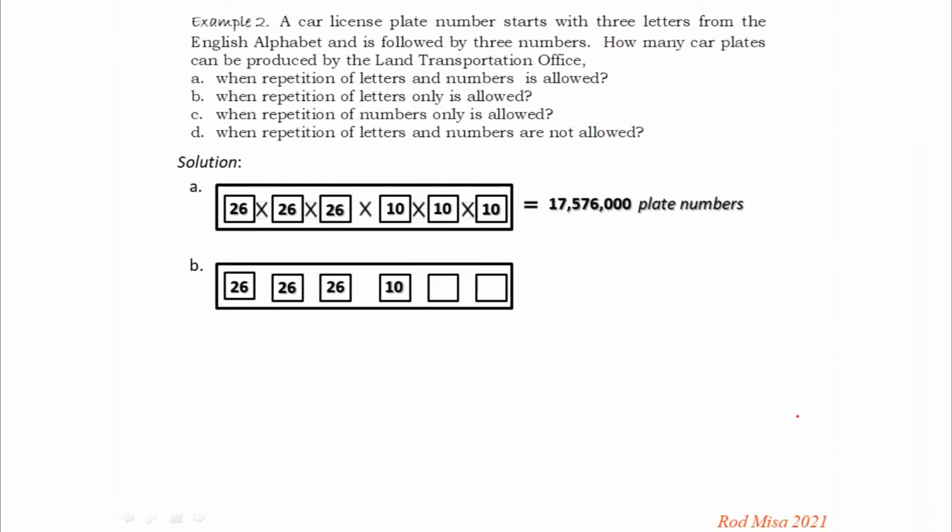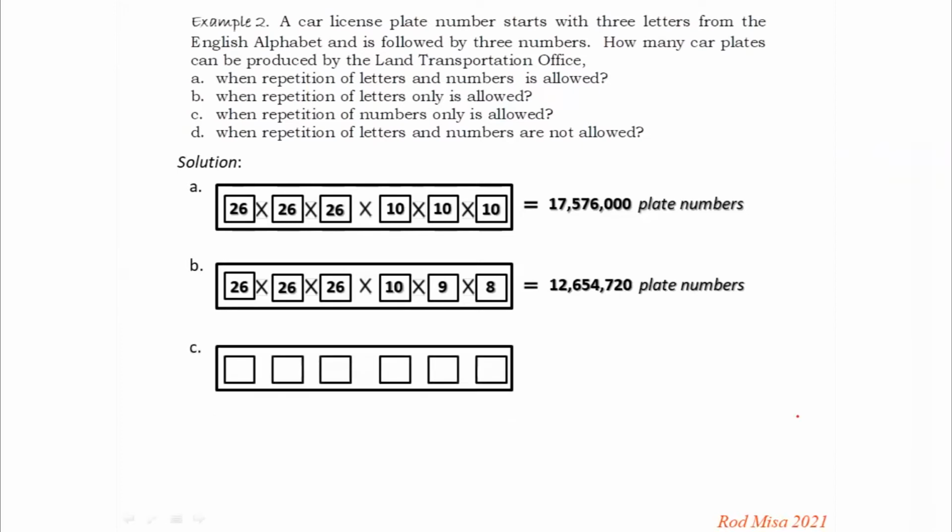And for the third number, if 2 of the 10 numbers are placed in the first two positions, I cannot use those numbers in the third position, so I am left with 8 choices. Multiplying these numbers, I will get 12,654,720 plate numbers when repetition of letters only is allowed.